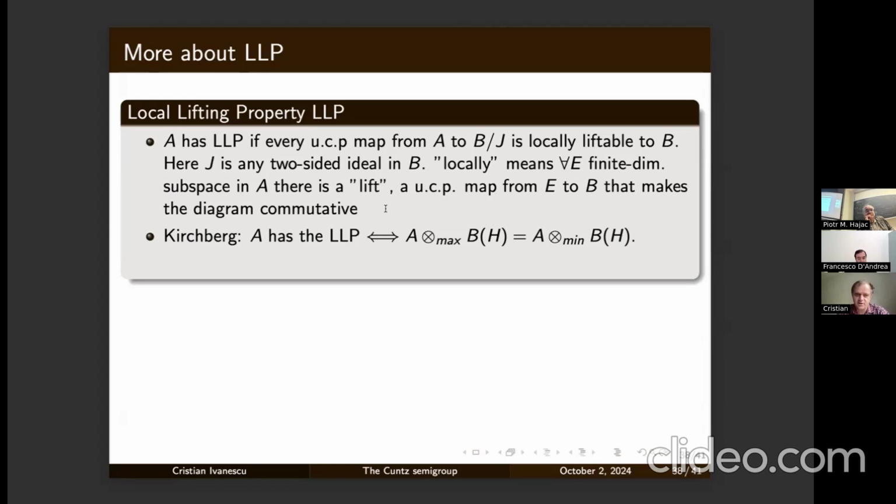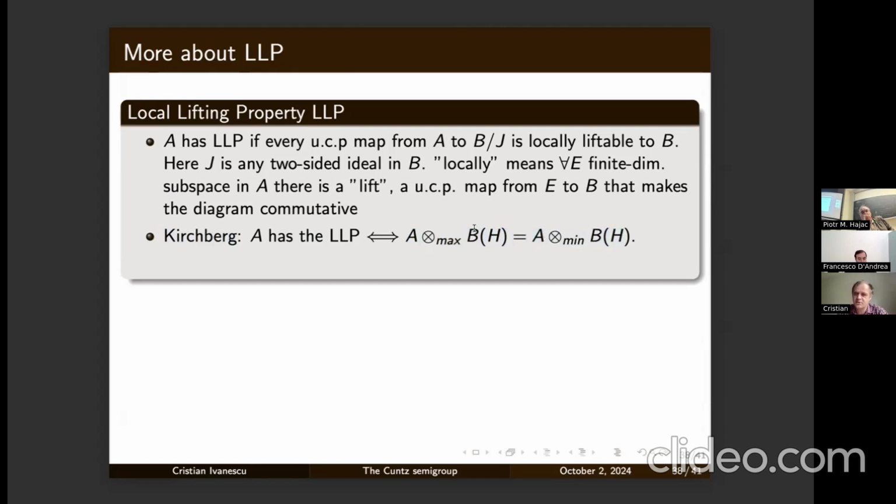But thankfully, I don't need this technical way of defining it, and I can just say that A has the LLP if the maximal tensor product with B(H) is isomorphic to the minimal tensor product with B(H). And in fact, this is what I'm about to use.